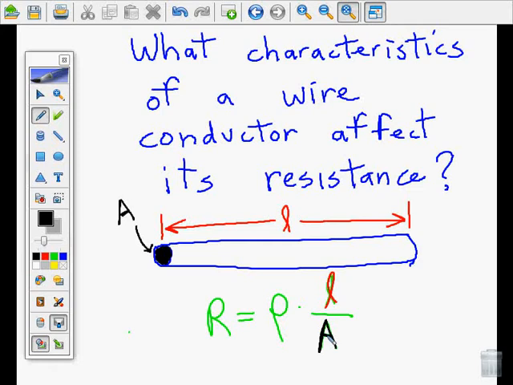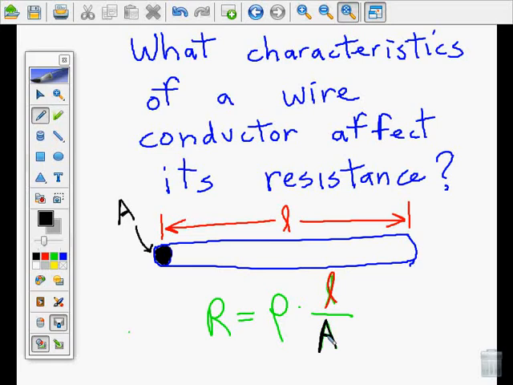It's kind of like a bigger pipe. A bigger pipe can easily move more water through it. Well, a thicker wire can more easily move charge through it. I like to think of it as a superhighway. The more lanes a superhighway has, the wider it is, the less resistance it has. It's much, much easier to get massive amounts of cars through.